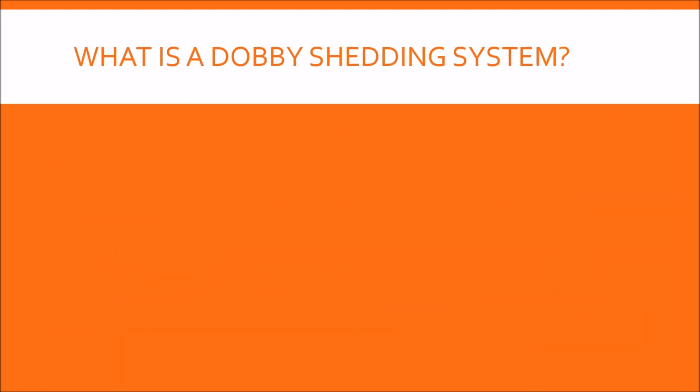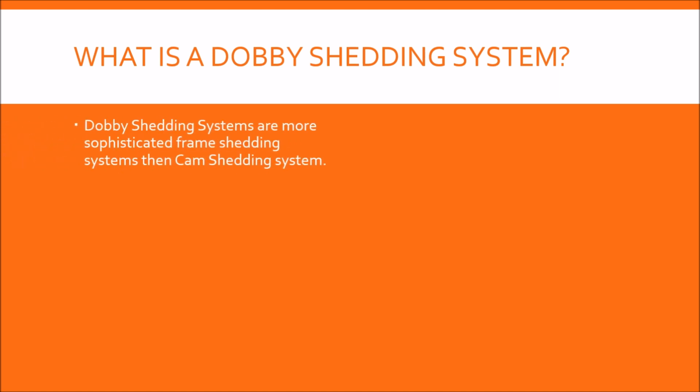Dear students, after we saw the cam shedding limitation and cam shedding reduction, and how it compared with the Dobby shedding system, now let's see what the Dobby shedding system is. The Dobby shedding system is basically a more sophisticated system than our cam shedding system. We are not limited to only one shaft or only one type of movement.